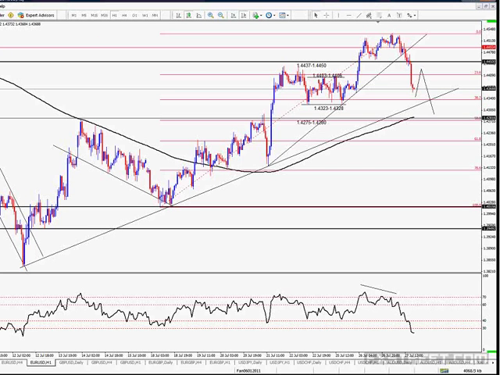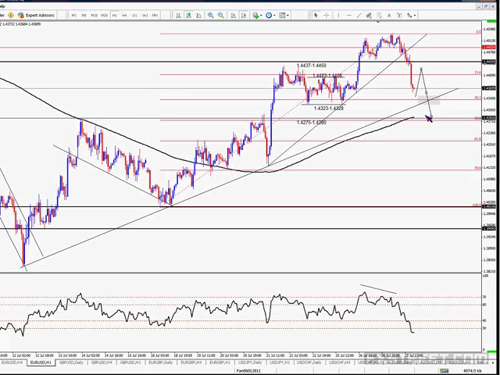You also see, let me just highlight it here, a rising support trend line. So a cluster of support here at 1.4350 area. But if it extends more aggressively, the next cluster of support is here.